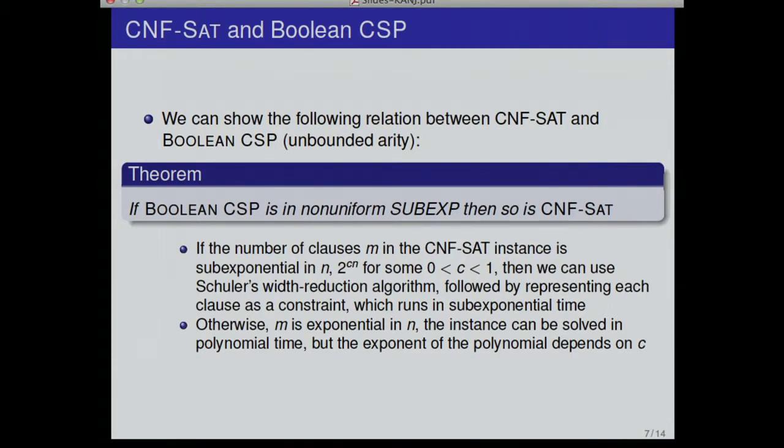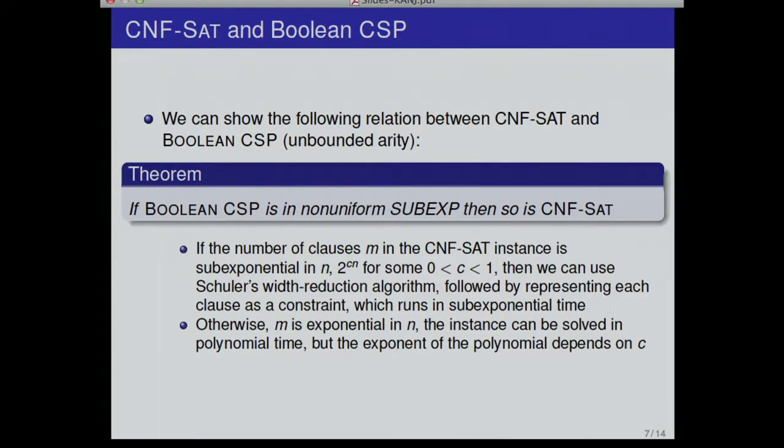Now, on the other hand, if you look at Boolean CSP, so bounded domain size but unbounded arity, what we could show is the following result. If you could solve Boolean CSP in non-uniform subexponential time, then you can solve CNF-SAT in non-uniform subexponential time. Now, why is there non-uniformity here?